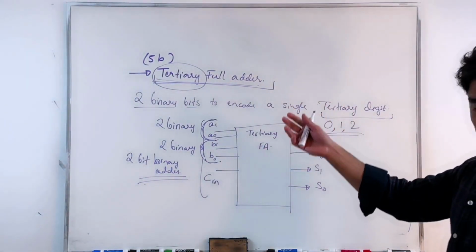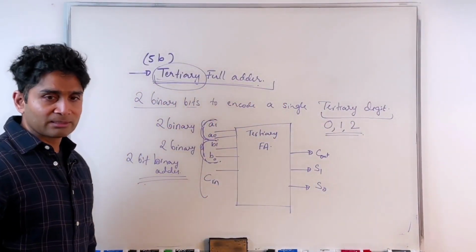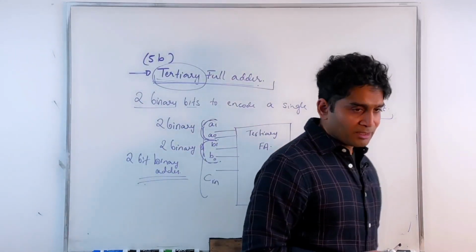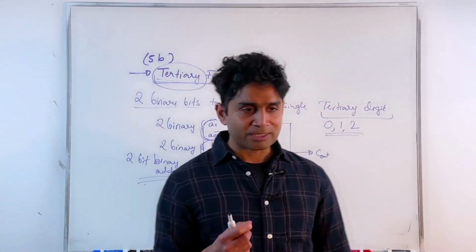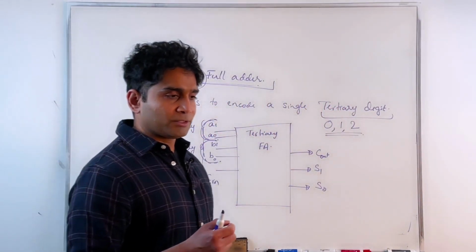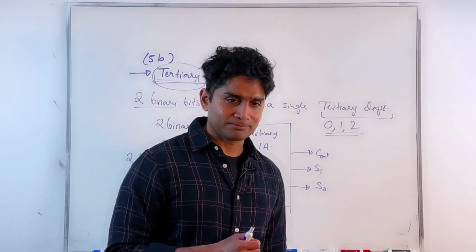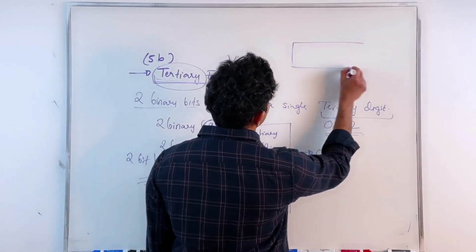I can just use the 2-bit binary adder, apply these inputs along with this to it, and I get the answer. So what you need to check then is, will I be getting a tertiary answer all the time? Will I be getting a consistent tertiary formatted answer all the time, right? For example, I have a 2-bit adder.